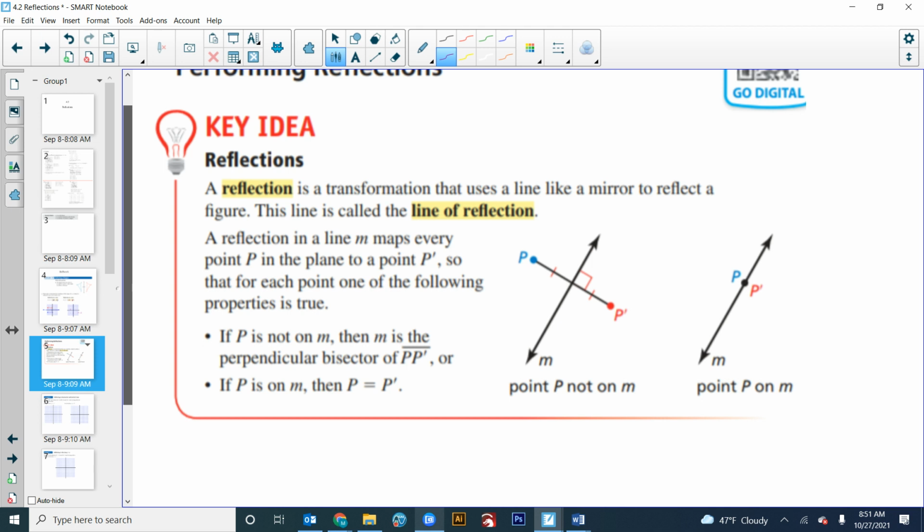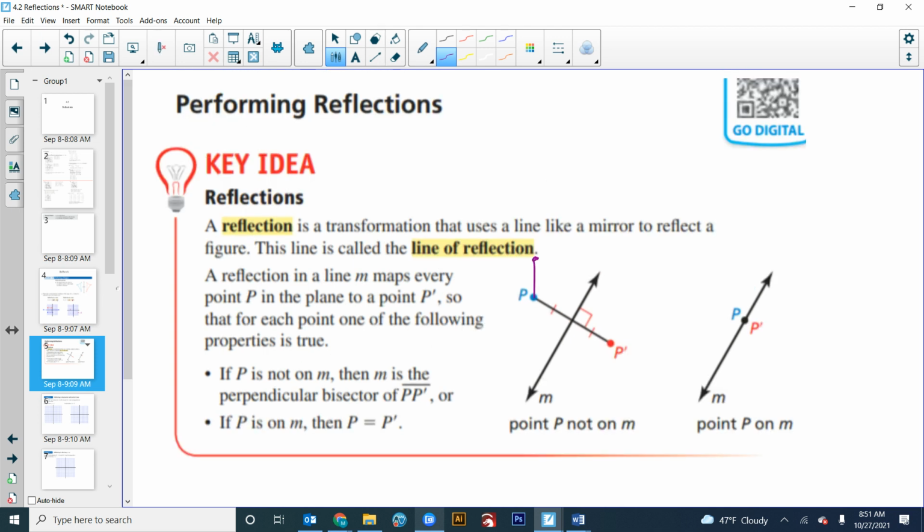We're not going to actually construct these by hand, but if this is your line of reflection, can you at least accept, I'm not going to do this, but do you accept that if you take a point and reflect it over that line, not the x-axis, not the y-axis, just some random line, that you would have to envision it being on the perpendicular line that goes through the line of reflection?